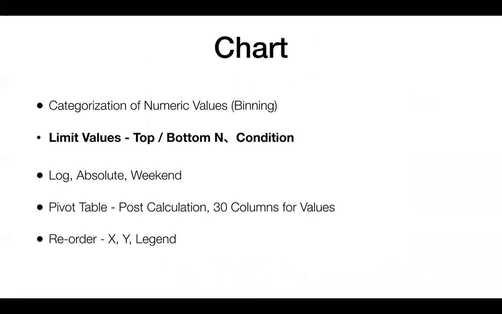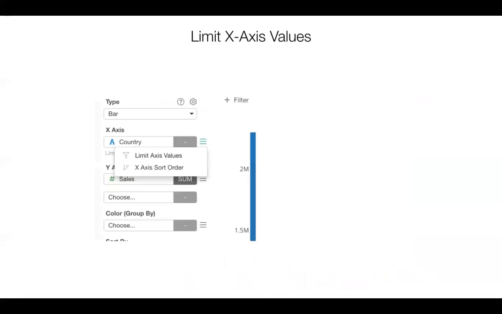Oops. Here. And then the other thing is the chart limit values. This is another convenient feature. Sometimes what happens is when you visualize your data with a bar chart and assign something like country to the x-axis, let's say you have 160 countries, or maybe 100 countries.